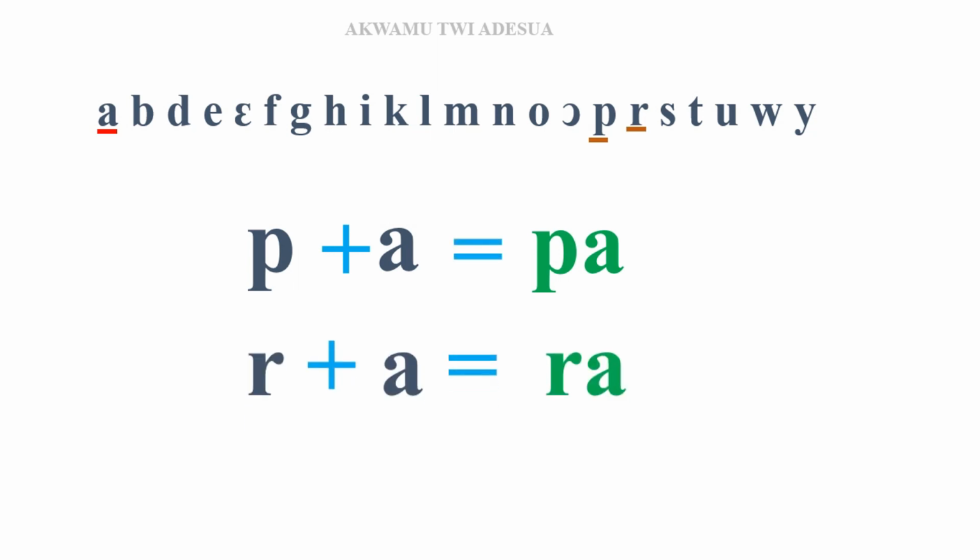The r plus a will give us ra. The s and the a will also give us sa.